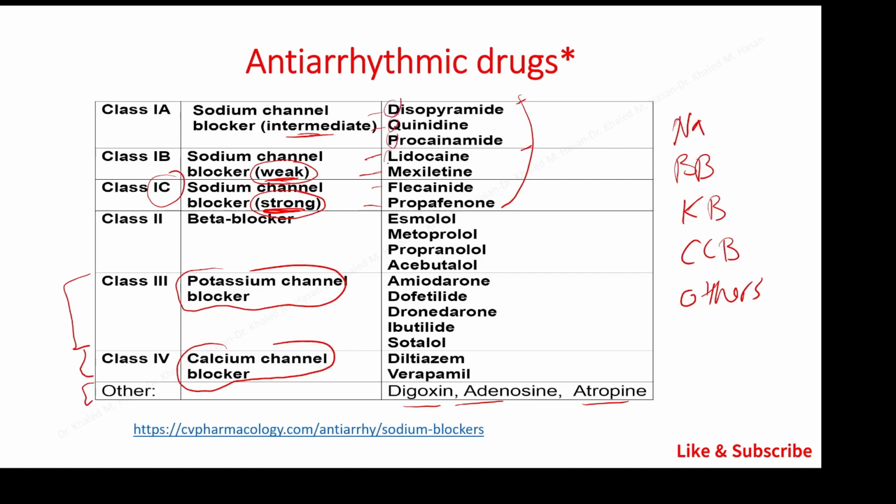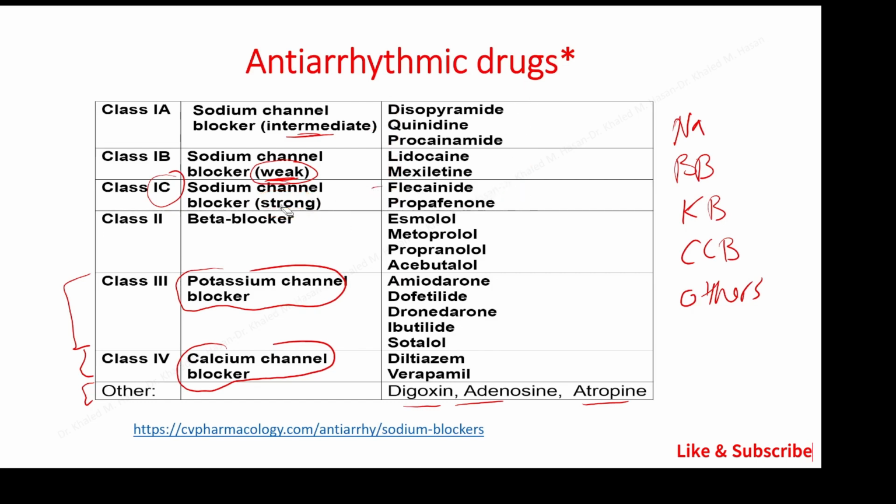They ask for lettuce and mayo and fries, please. So we have this mnemonic: double quarter pounder for 1A, disopyramide, quinidine, procainamide. 1B, lidocaine, mexiletine, and flecainide and propafenone for 1C.